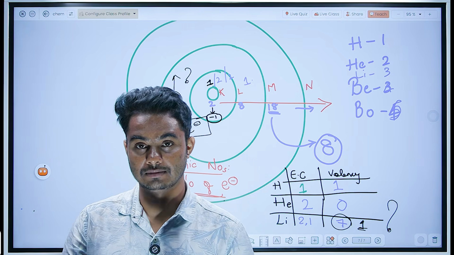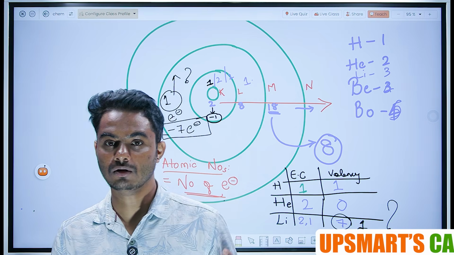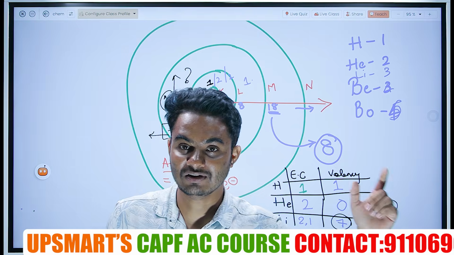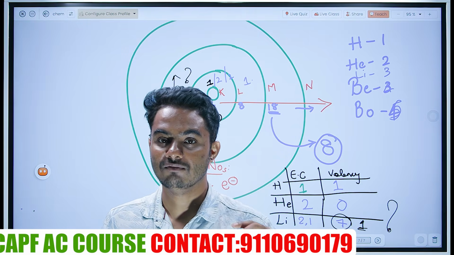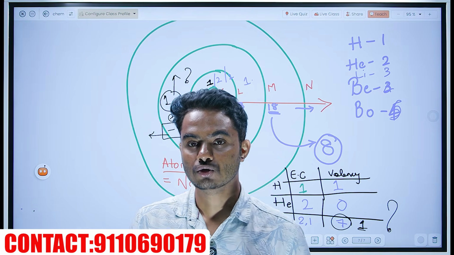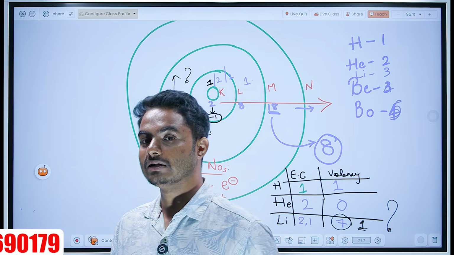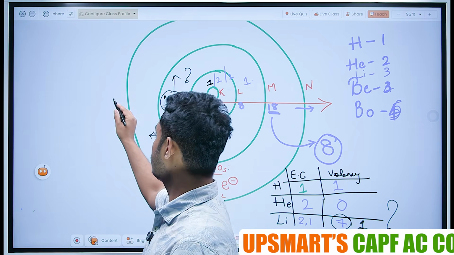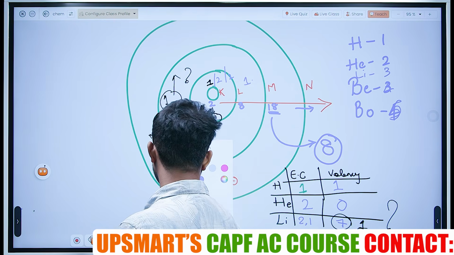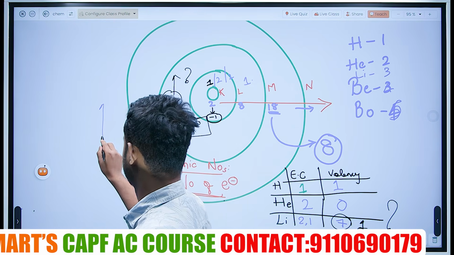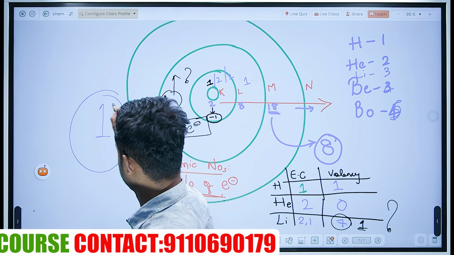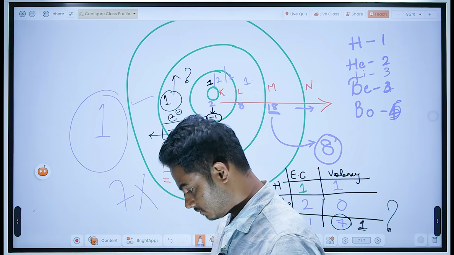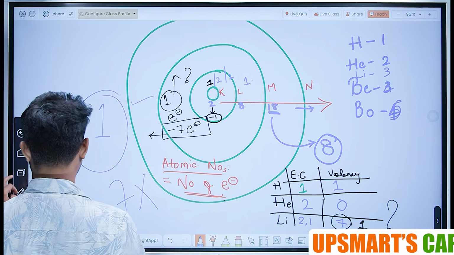In the first case we have to gain 7 electrons; in the second case, we can lose the 1 existing electron. So losing 1 electron is easier. That is why the valency of lithium will be 1, not 7.